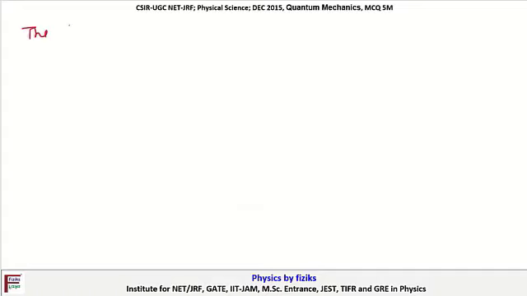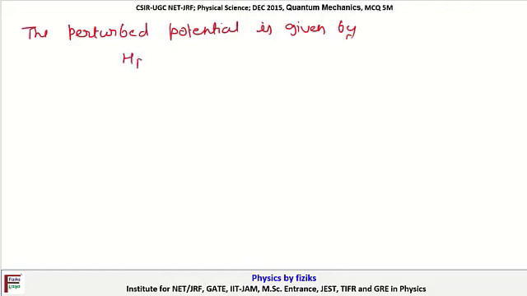The perturbed potential is given by H prime is equal to epsilon cos 2r by a0.